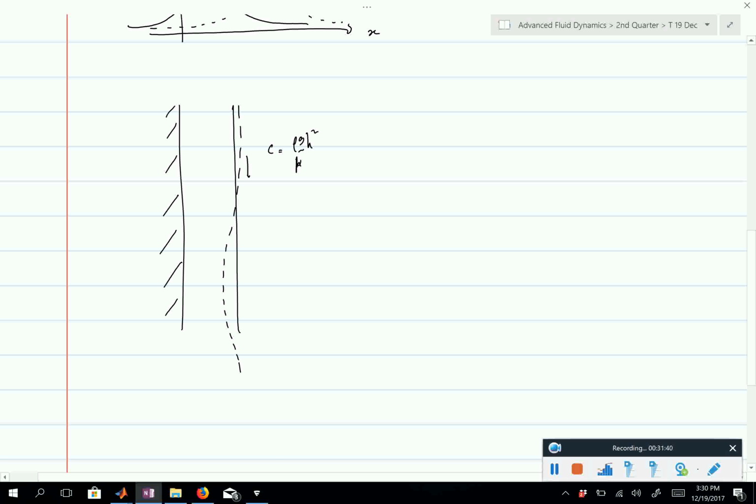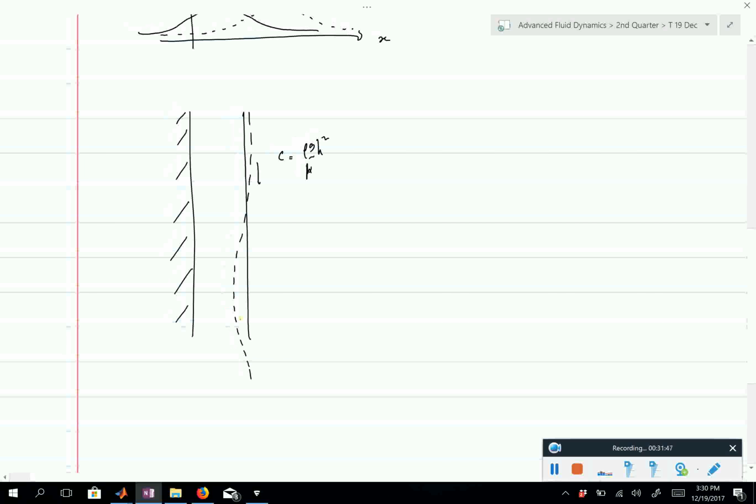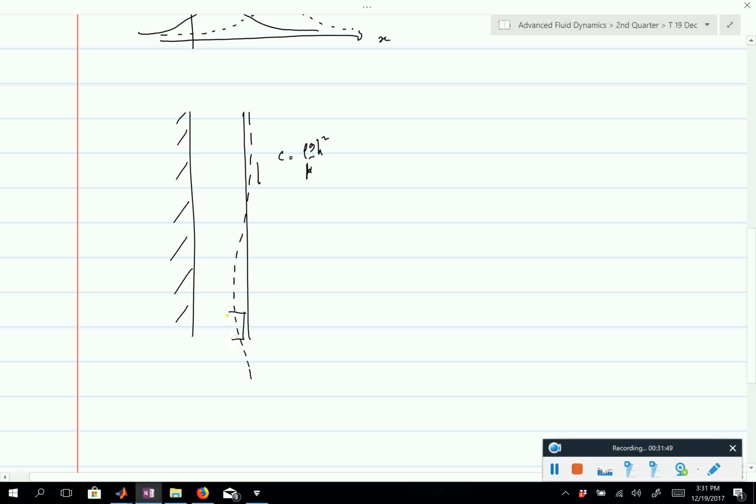The problem is the following. This velocity depends on h. So let's look at this part. This is the part where you have fewer problems, because at this point the thickness h is a bit smaller than here. So let's compare two points.